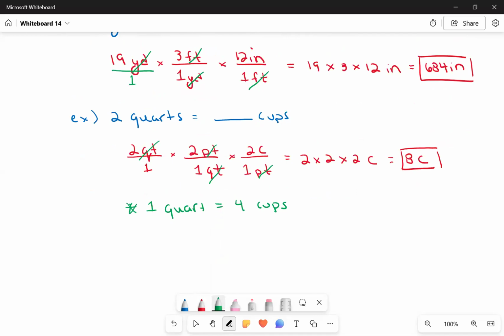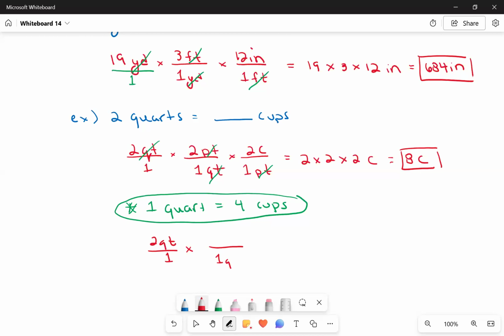Then you would start the conversion: 2 quarts over 1 times 1 quart over 4 cups. That cancels, and I'm left with 2 times 4, which gives me 8 cups.